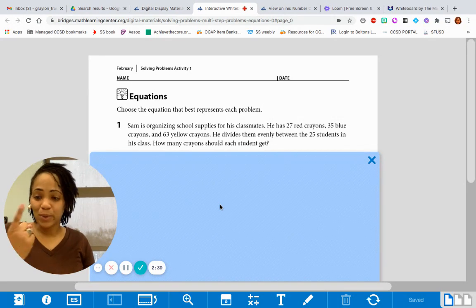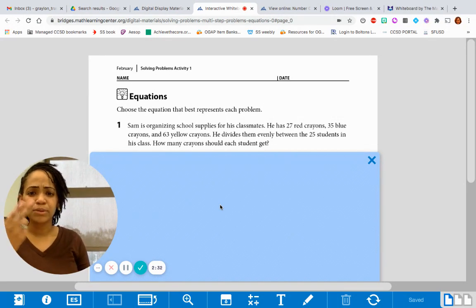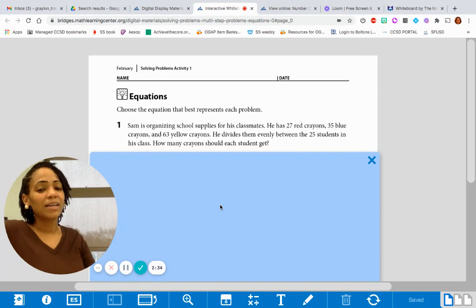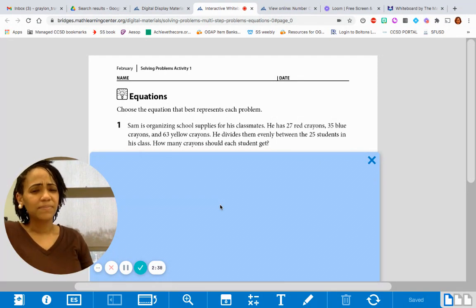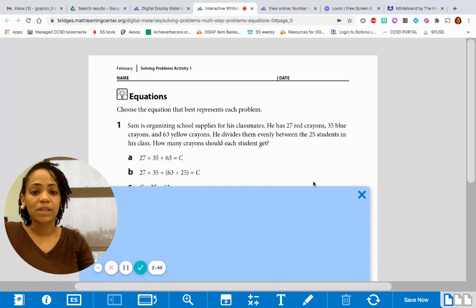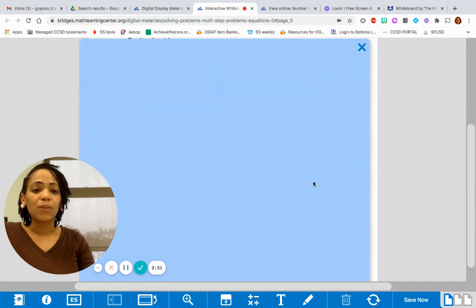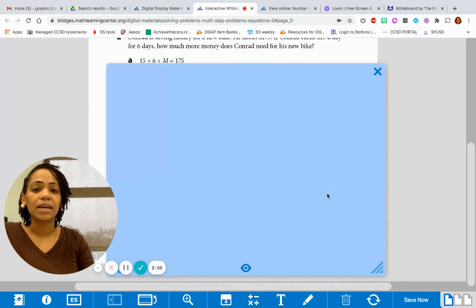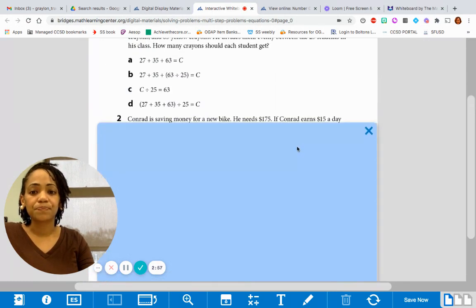Okay, we know that there's 27 red, 35 blue, and 63 yellow crayons he shares with 25 students. And so, I'm not going to ask you to solve it. I want you to look at some of the equations that are already presented for us to choose from so that we can choose the equation that actually matches what's happening in this situation.